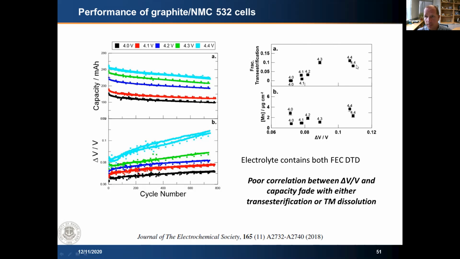Yet these transesterification reactions do not really correlate with potential increases, and nor does the transition metal dissolution. So once again, trying to understand what the sources of these capacity fades are in these NMC materials as a function of electrolyte reactions is quite complex, we'll say.